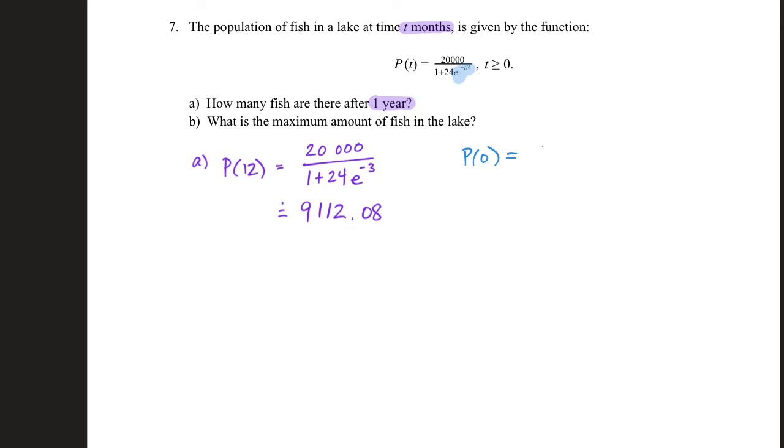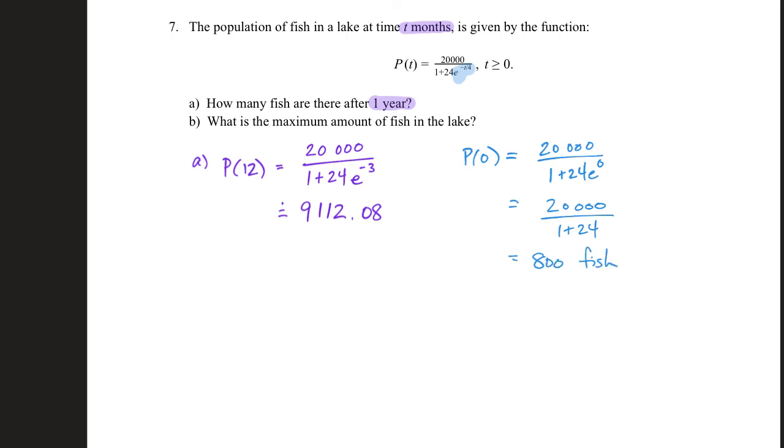I do that because subbing in 0 is nice and easy. We recognize that e to the exponent 0 is going to give you 1. So it's 24 times 1. There's your 25. Let's take our 20,000 and divide it by 25, and we come in on 800 fish.